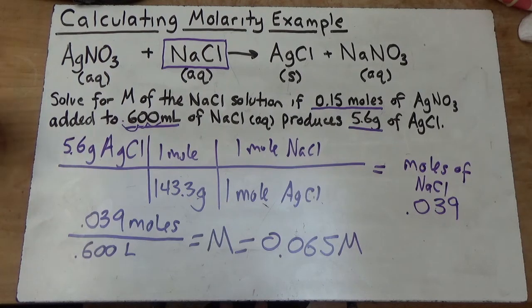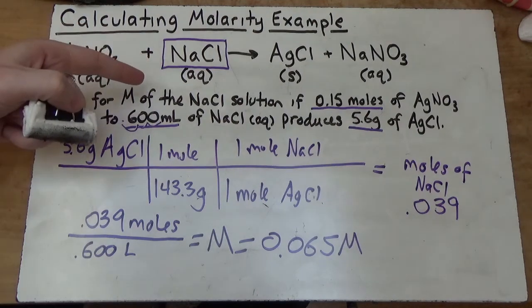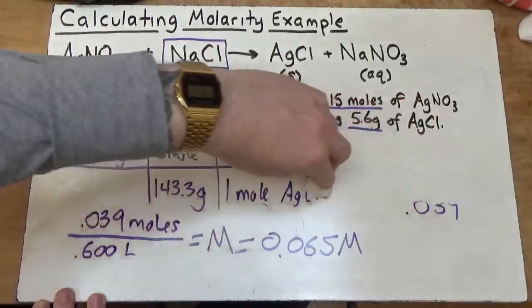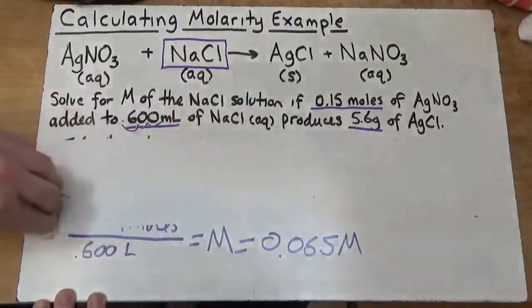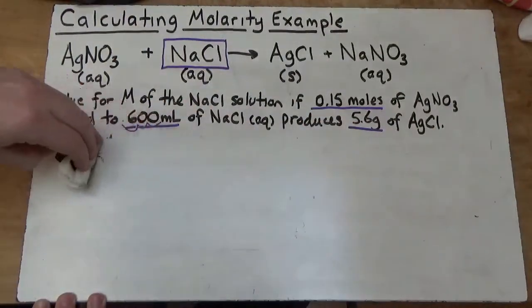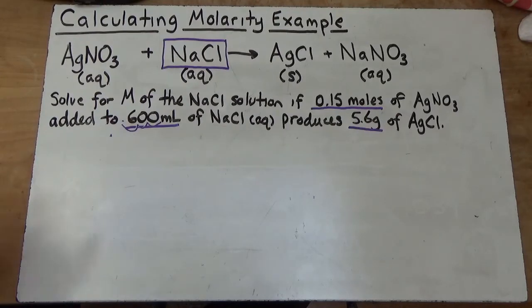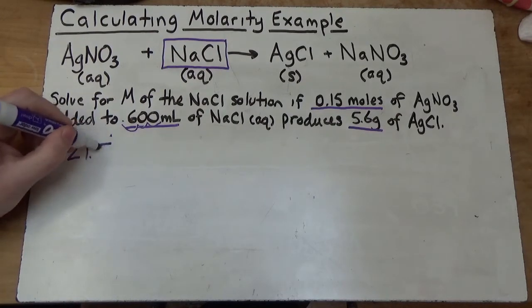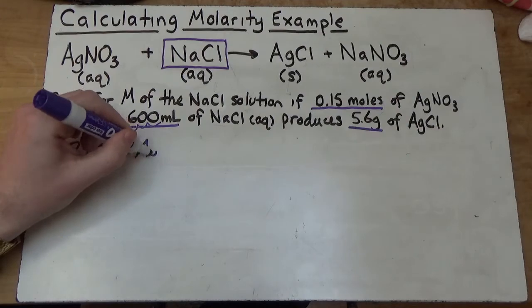Now, as a bonus, let's try to figure out how much AgNO3 is left over. To do that, we're going to have to remember back to step 0, right? That step to make sure that NaCl was limiting, and remember that we said we could have produced 21.5 grams of AgCl.